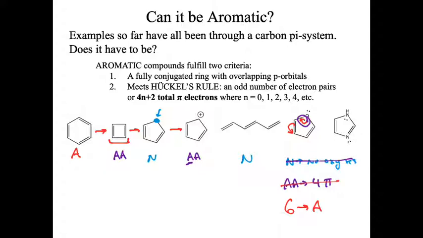How about the last one? Why are we saying anti? So you're saying pi, there's 2, 4, 2, 4, 6, and then you're saying 8?